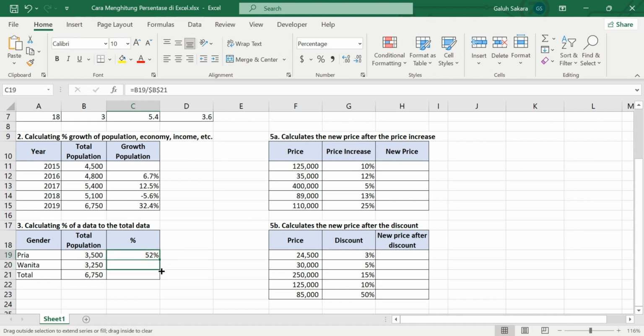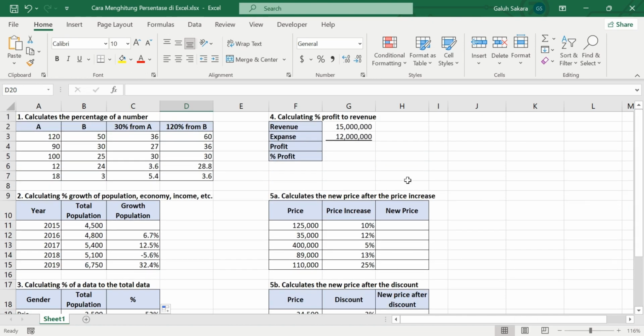Okay, this is 52%, and then drag down. Okay, that's 48% for the percentage of female from the total population, and this should be 100% because the percentage of male plus the female percentage.